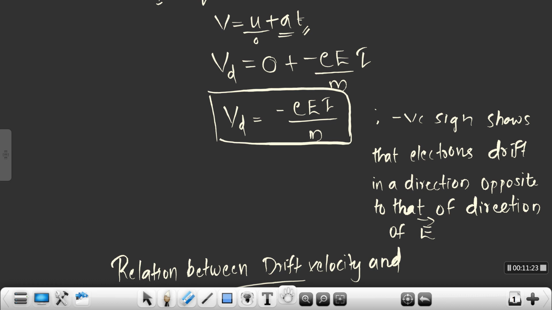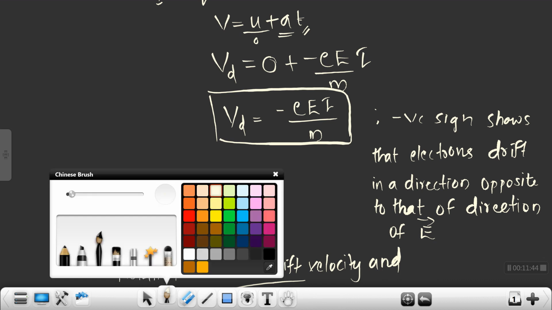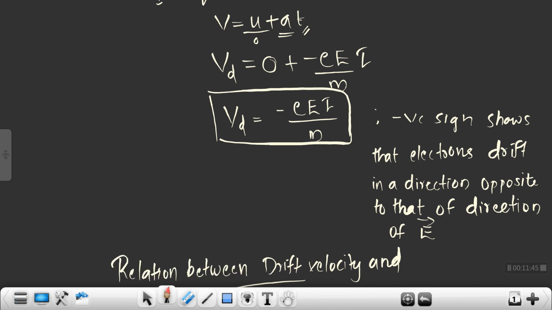So today we dealt with two topics. The first one was the relationship between drift velocity and relaxation time. So we got Vd is equal to minus eE tau by m. Here the negative sign shows that the electrons drift in a direction opposite to the direction of the electric field.